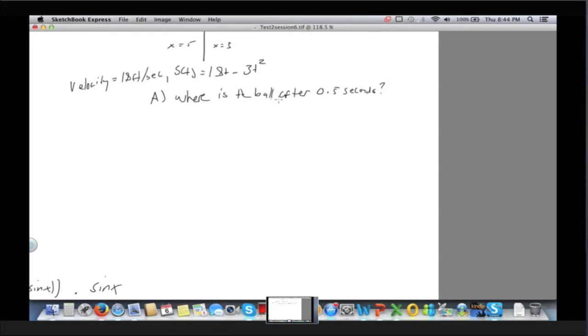Okay, so we're trying to find the ball after 0.5 seconds. And S of t is a position function. So .25, 1/4 of 3.